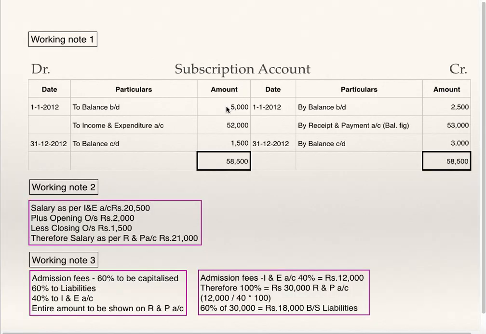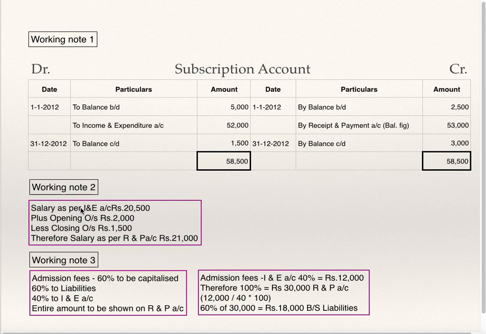Subscription account, opening outstanding as per opening balance sheet, closing outstanding as per adjustment, opening received in advance as per opening balance sheet, closing received in advance as per adjustment, subscription as per income expenditure account is given. So subscription to be transferred to receipt payment account is balancing figure 53,000.